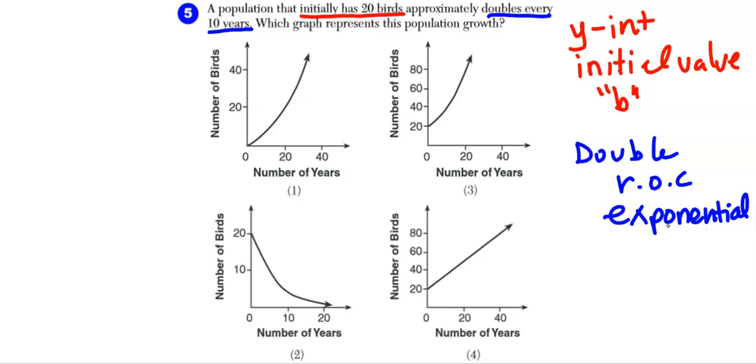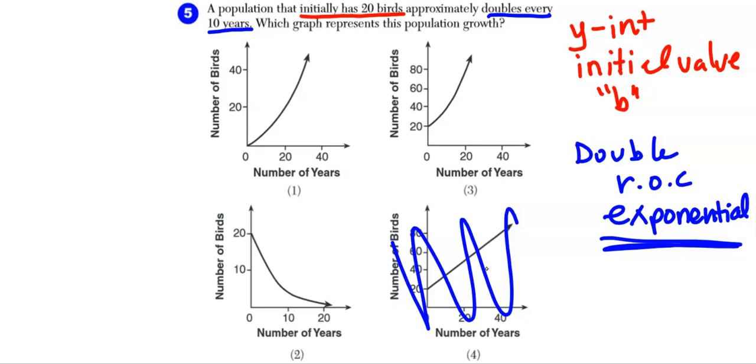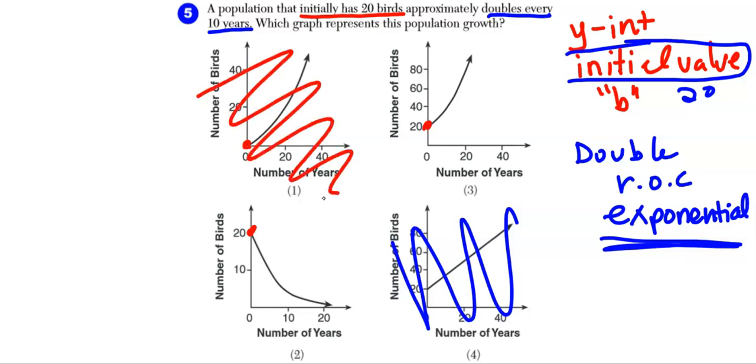So if I need to match it with a graph, I already know it's exponential. It cannot be linear. And I already know that the initial value is 20. So my initial value has to be at this number 20. That means option 1 is wrong.